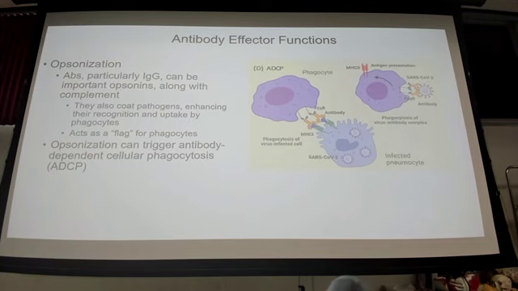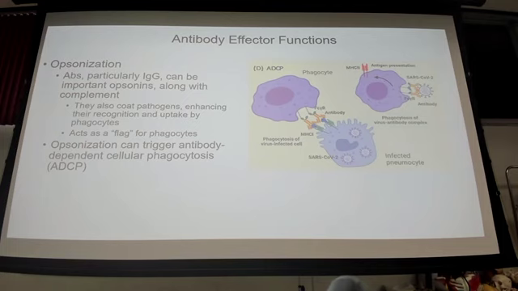As it's dying, it is communicating the fact that it is infected with a specific virus by virtue of its presentation of this antigen on its MHC class I. This phagocyte will recognize the antibodies that have bound to that presented antigen on MHC class I, and it will make it that much more attractive to that phagocyte, that macrophage, whatever it is, because it has an Fc receptor on those macrophages.